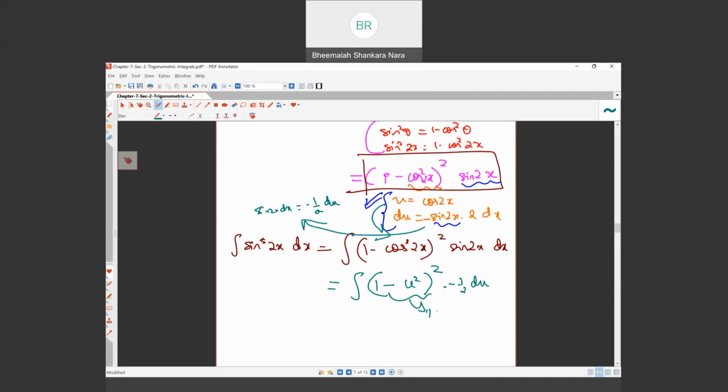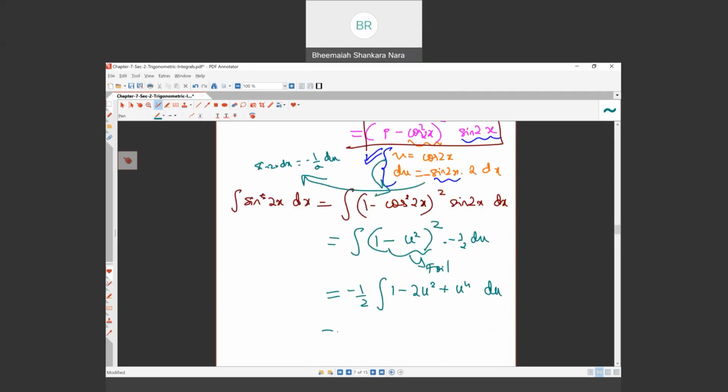As soon as we FOIL, I have 1 minus 2u square plus u to the 4 du. Now I have negative 1 half times the integration of 1, which is u; the integral of 2u square is 2u cube divided by 3; the integral of u to the 4 is u to the 5 divided by 5, plus c.